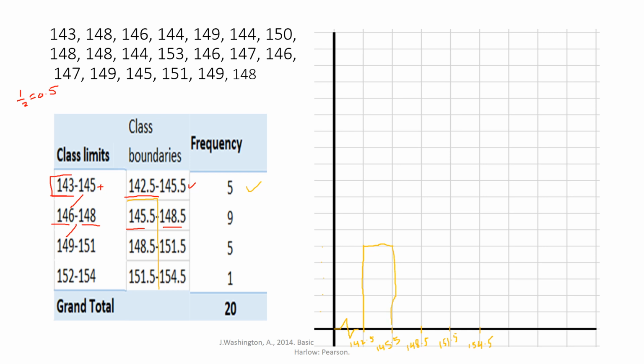First bar. Second bar is 9, so 6, 7, 8 and 9. So this is our second bar. Very good. Another is 5 again.